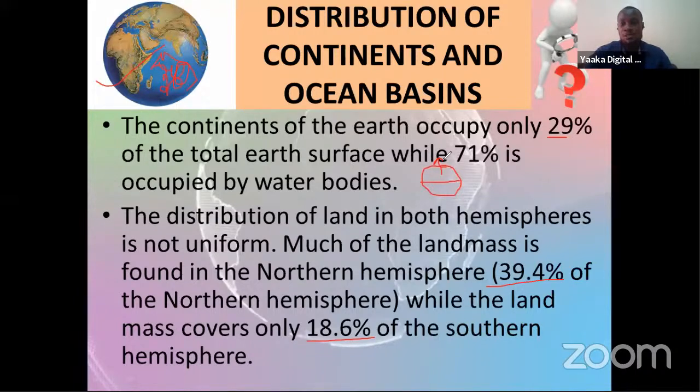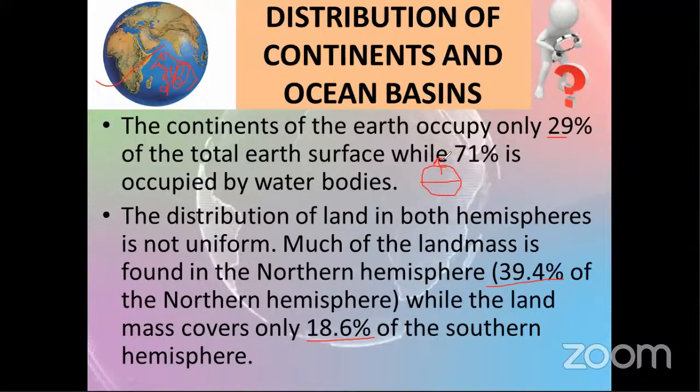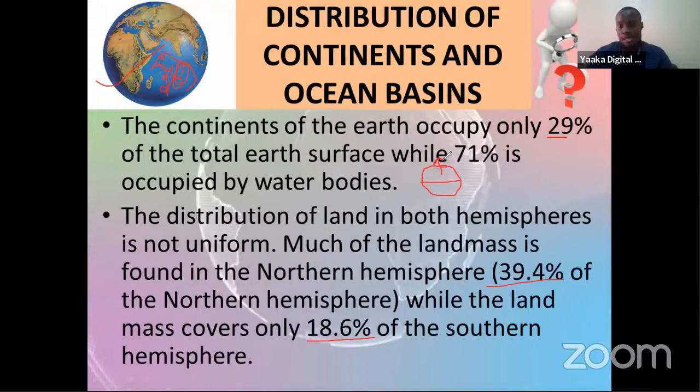That's why the largest continents, such as Asia, are in the northern hemisphere. Also North America and Europe. So much of the land in the upper part is large. The southern hemisphere includes Africa, South America and Australia. But much of the land is covered by water.